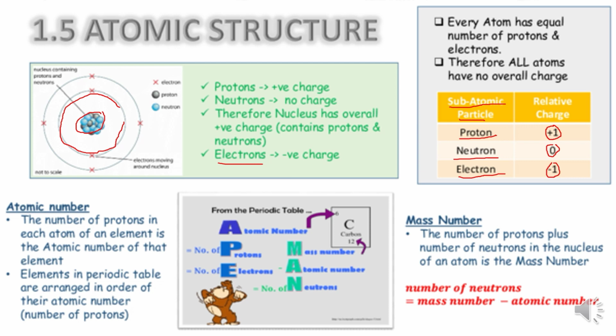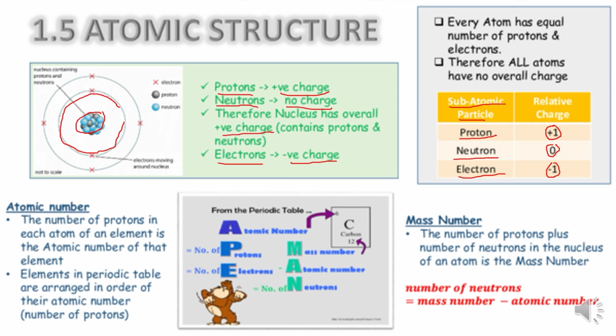And the electrons, remember, are negatively charged. And the nucleus is made up of two types of particles. The first type is called the protons, which are positively charged. And the second type are neutrons, which are neutral, they have no charge. So because of this, the nucleus has an overall positive charge.